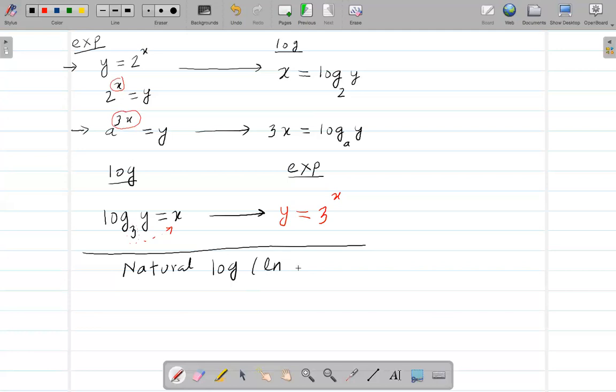It's a log, but a log with base e. So what does this e mean? The e is basically the Euler number.